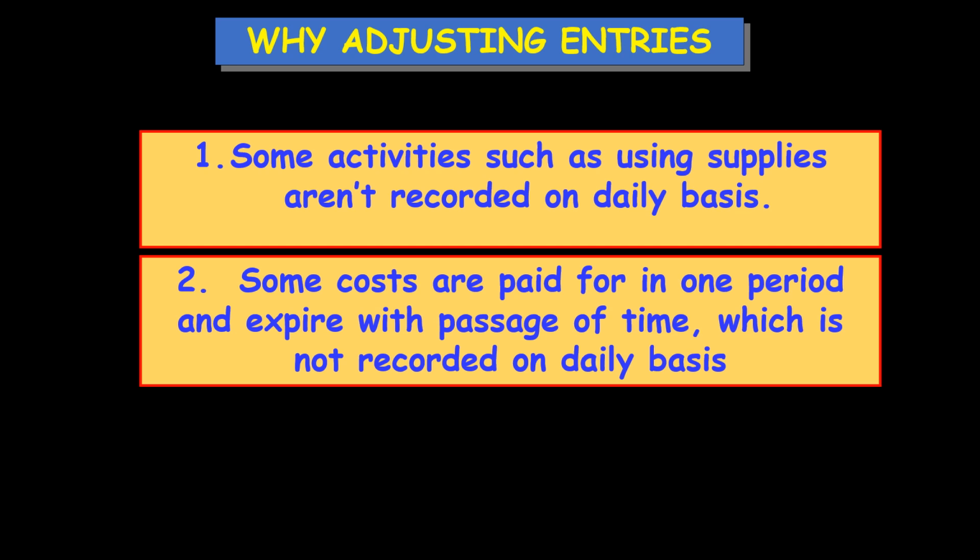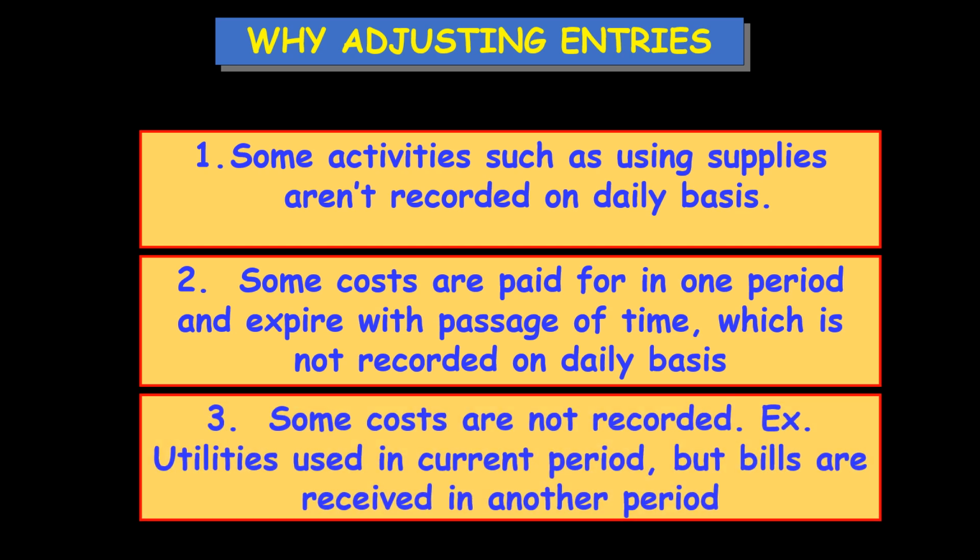Rather, the accountant will wait until the end of the accounting period, which is 1 month in our example. So that means at the end of January, the accountant updates the accounting record for the fact that 1 month of insurance has expired. This is done through an adjusting entry.